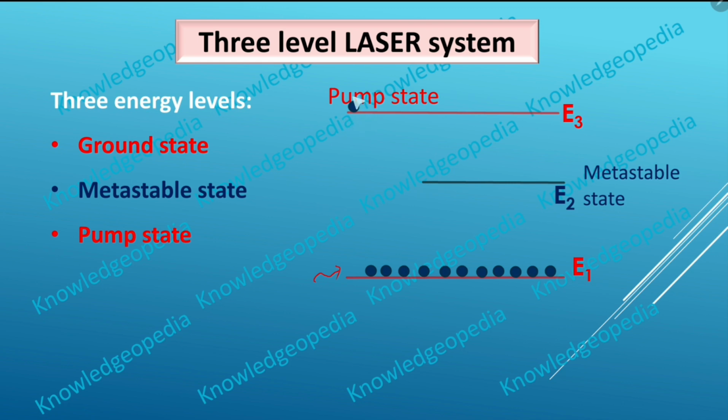Once this atom has moved to energy level E3, it has two options. One is that it can come down directly to E1 through spontaneous emission, or it may move to energy level E2. At this point, I would like to mention that the transition from E3 to E2 is non-radiative in nature.